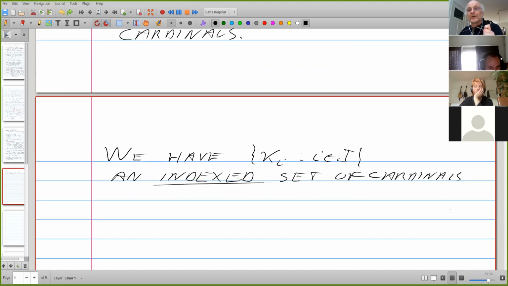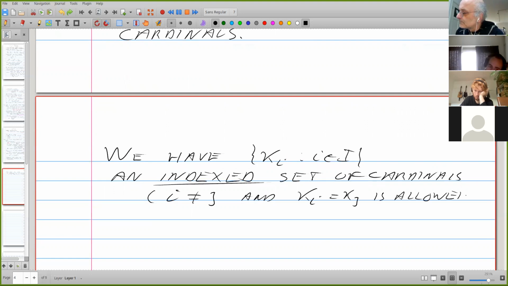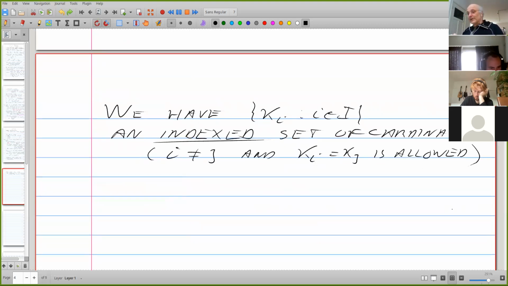We have an indexed set of cardinals, which means that it can be the case that some points in the set will be indexed more than once. Because, as you will see in a moment, that's quite useful to have. What would be the sum of those cardinals?